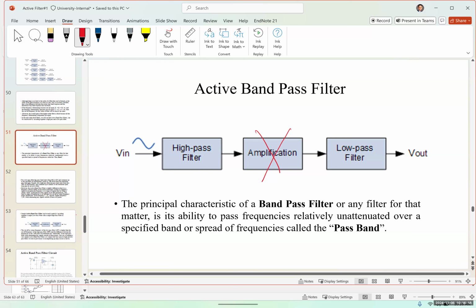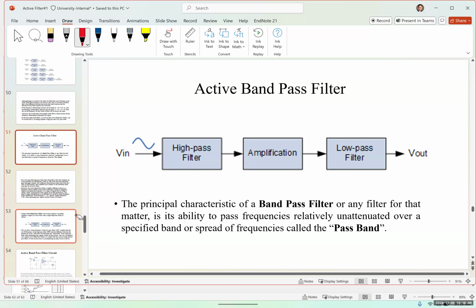We just connect a high-pass filter with a low-pass filter and we create a passive bandpass filter. If you put an amplification in the middle, which could be a transistor, an op-amp, any type of amplification or active element, then we create an active bandpass filter. So an active bandpass filter is a combination of two filters, a high-pass and a low-pass filter, and an amplifier in the middle.